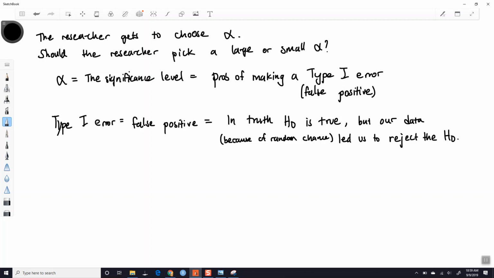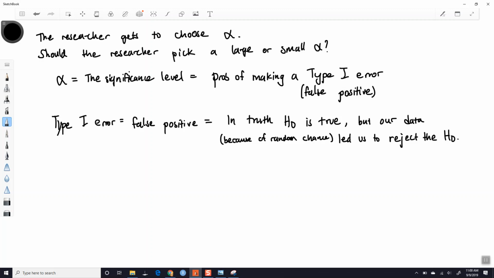But when you did your random sampling, maybe because of something weird that happened in your random sampling process, you come to the conclusion that there's a difference, all right? That's the wrong conclusion. The truth is that the same factory is producing everything, but you came to the conclusion that there's a difference. So that is what we call a type 1 error.